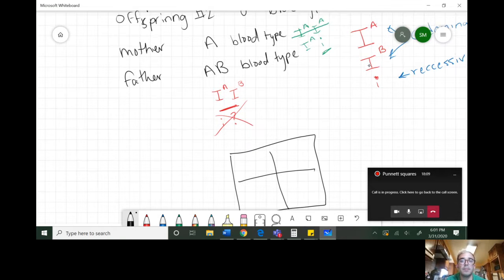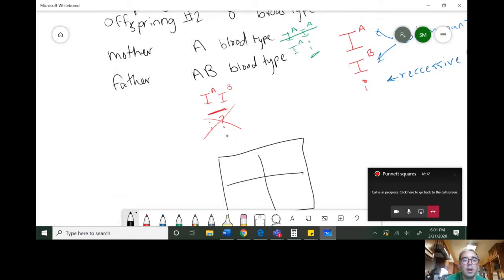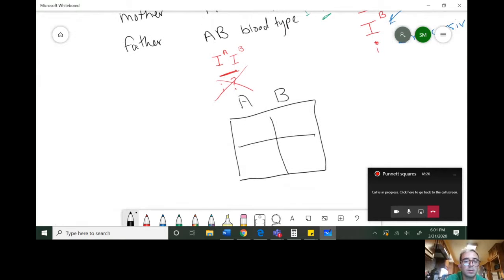If the two were to copulate, then we would say that the father has IA IB and the mother, oops, should use the I notation, has IA i. Remember, we bring our capitals down. This goes down.